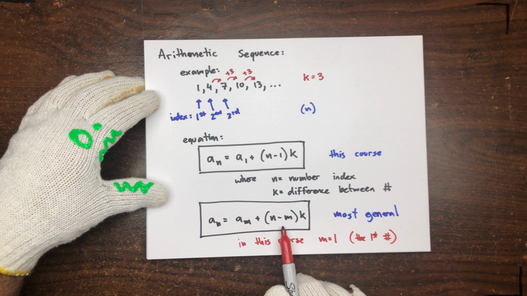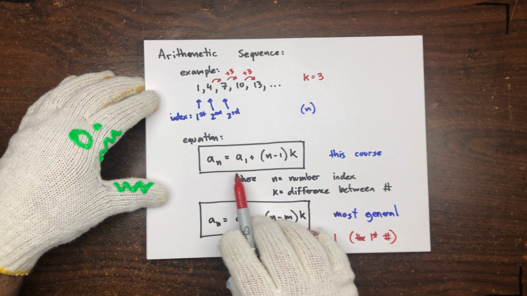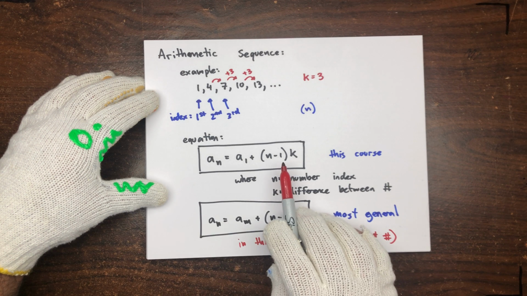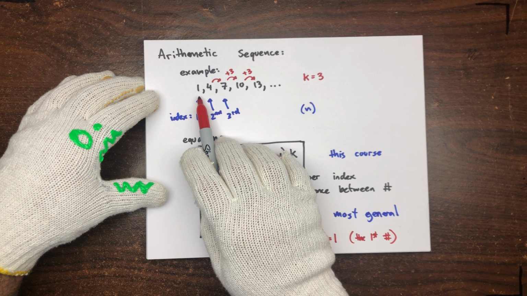You can pick any value. Okay? So in this course, all we really did is make the second index, m, equal to 1. It makes it a little easier to digest and to use. But you need to know the first index of the sequence.